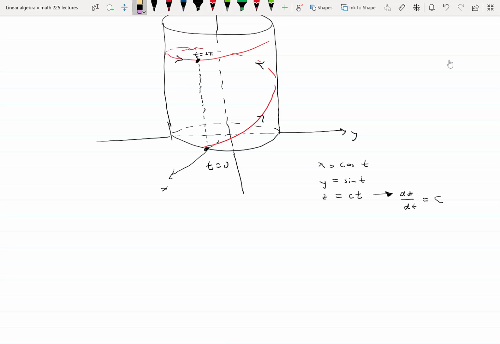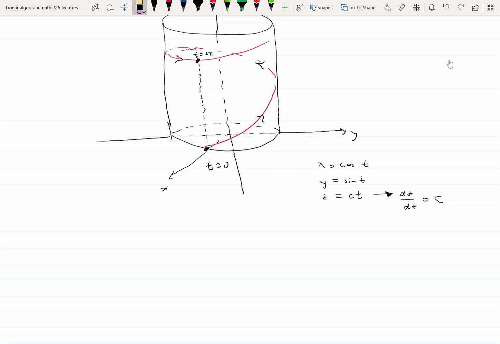We expect it to be greater than 2 pi. Remember, c is a measure of how stretched out or compressed this helix is. If we stretch the helix out, our length is going to be substantially more than the length of the circle projected from the helix into the xy plane, which would be 2 pi.